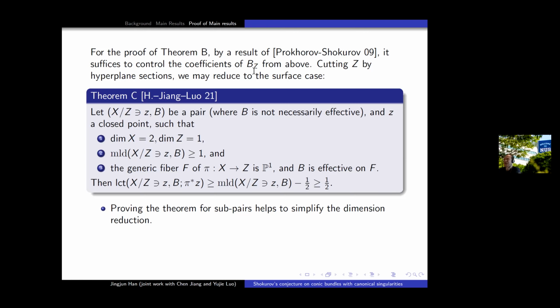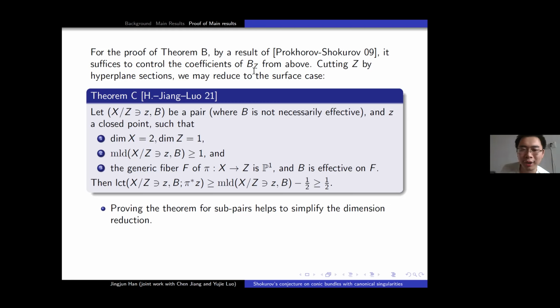No, my question is whether you regard M as a part of the boundary, or as a generalized pair. Oh, in this case, I'm not sure. Maybe there's no way to compare them, so it depends on the choice of M_Z. I see.